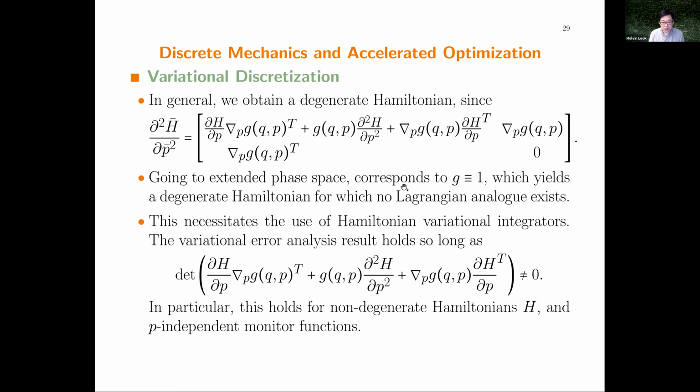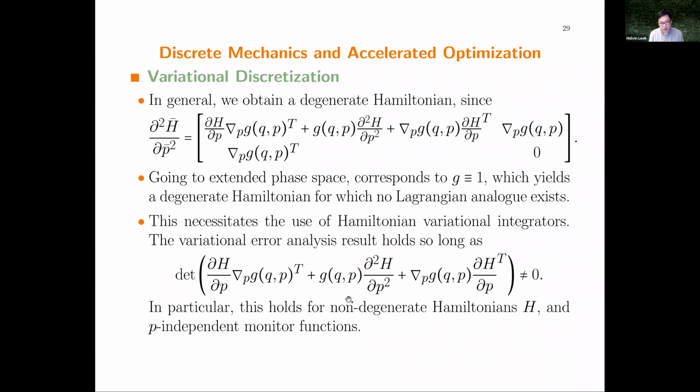So as I said, if you have this monitor function be identically 1, there's a degenerate Hamiltonian for which no Lagrangian analog exists. And this is the candidate which we're going to try to use to convert the non-autonomous Hamiltonian formulation to an autonomous Poincare transformed Hamiltonian. Okay, all right. So that's something to worry about, which we'll address a little bit.